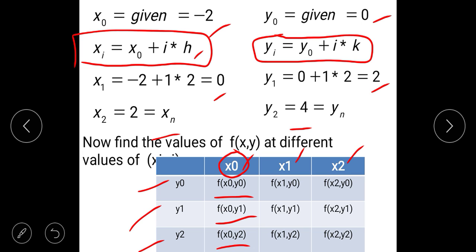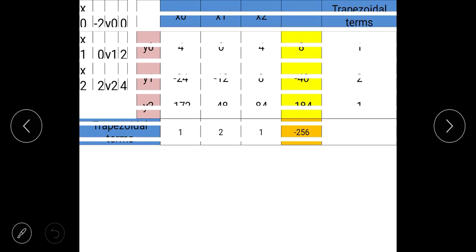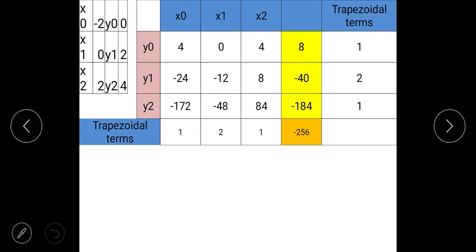Similarly for the next column, again we can take x1 as constant. So we will get function of x1 comma y0, function of x1 comma y1, and x1 comma y2. Same for this x2 terms, you will get this table. Now mathematically this table can be completed like this one.